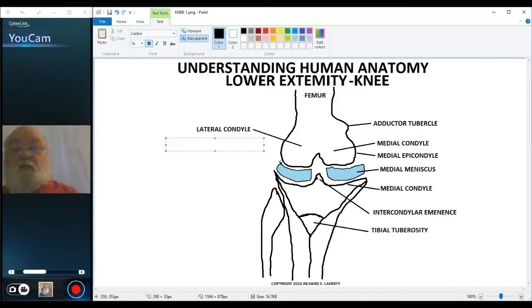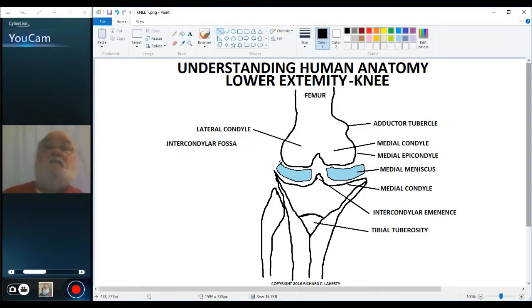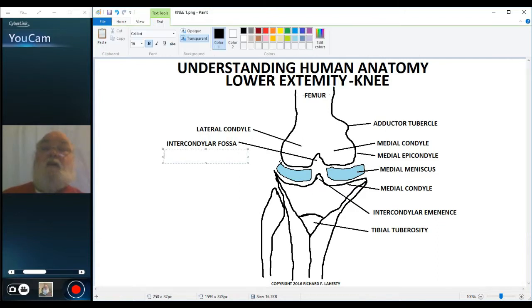We have the intercondylar fossa. We have the lateral epicondyle.